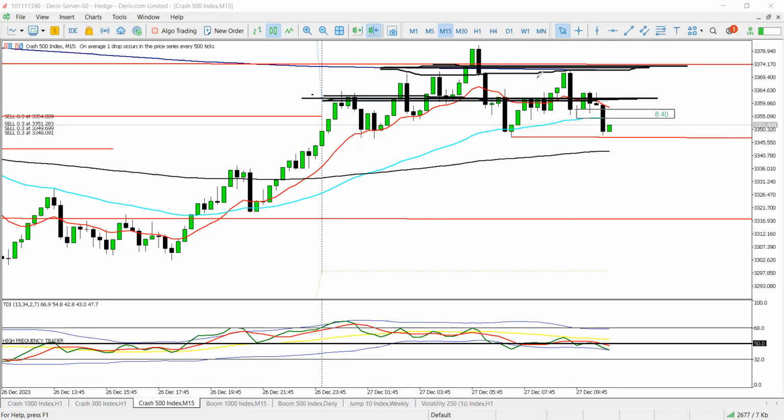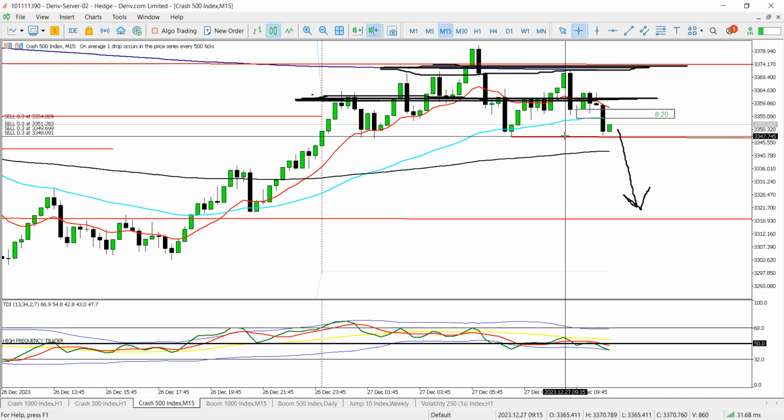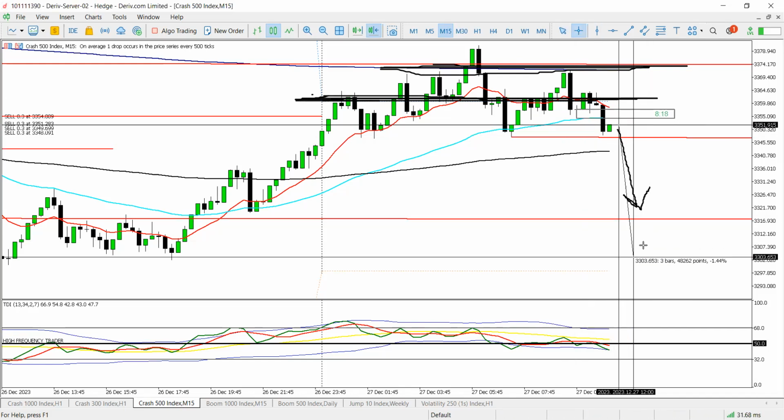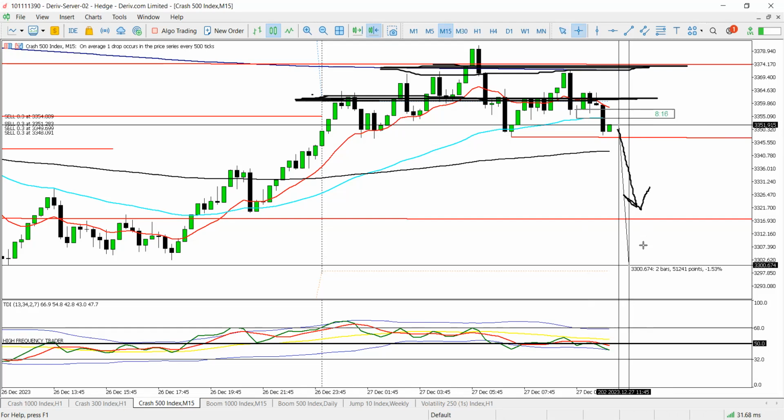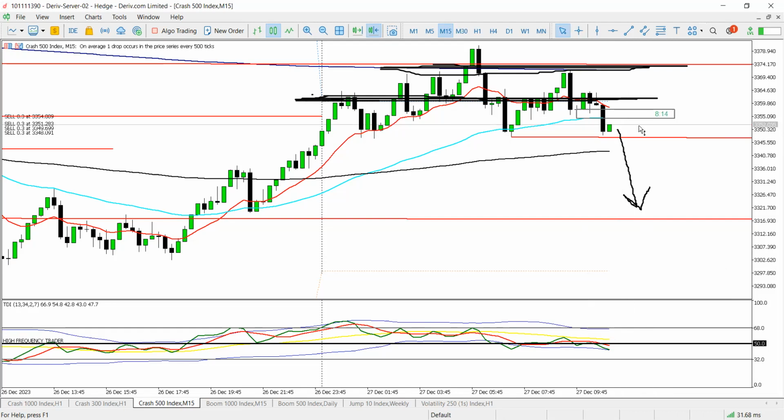And looks like after this rejection of a 4-hour zone, and since price is now back below yesterday's highs, we should get that push to the downside. So we can actually come as low as yesterday's lows, which will give us 50 pips on this particular setup. So for me, I would say this is a high probability setup at the moment.